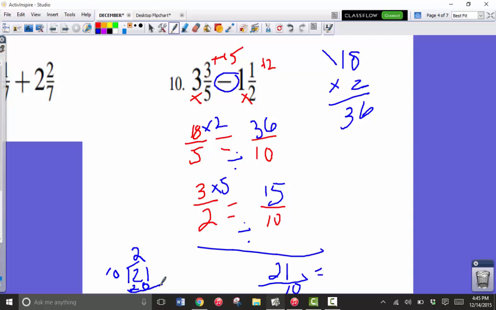If I subtract, I have 1 left over. That 2 is your new whole number. Your remainder is your numerator, and the 10 stays as your denominator. 2 1/10. I'm going to do one more.